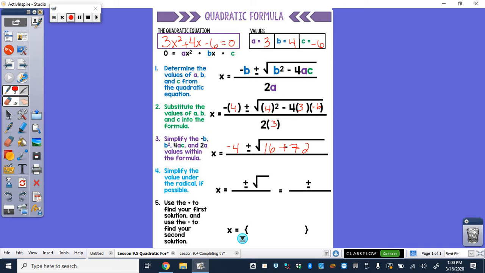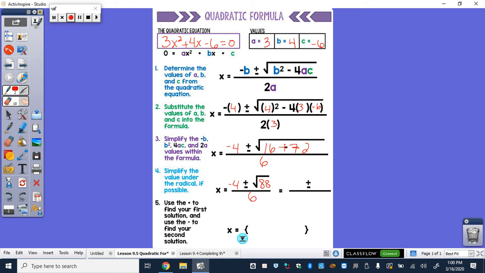And then on the bottom, 2 times 3 gives me a 6. So again, I still have my -4 up front. 16 plus 72 is 88. Still all over 6.